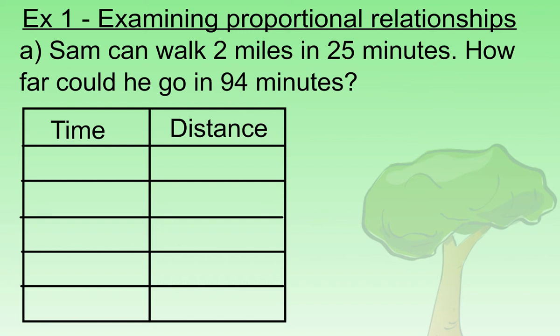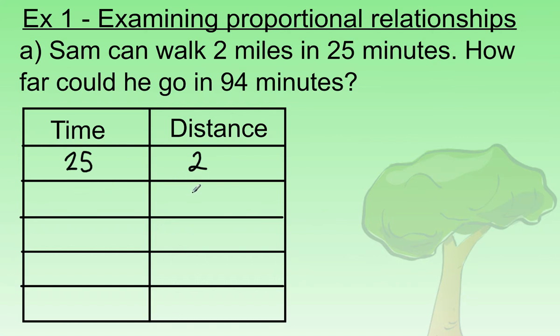So our first example here says, Sam can walk 2 miles in 25 minutes. How far could he go in 94 minutes? Well, we have a little table here. We could start filling in some information. We know in 25 minutes he can go 2 miles.